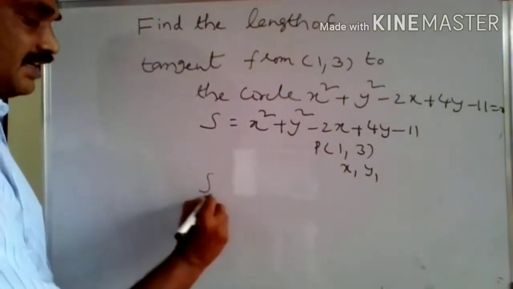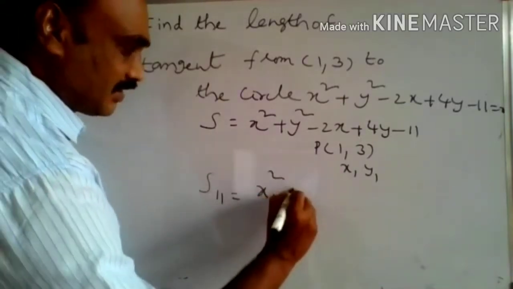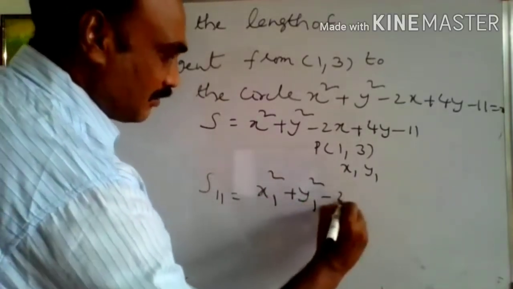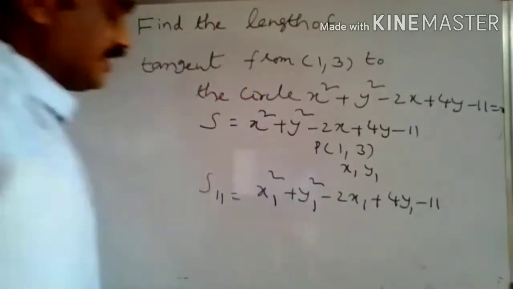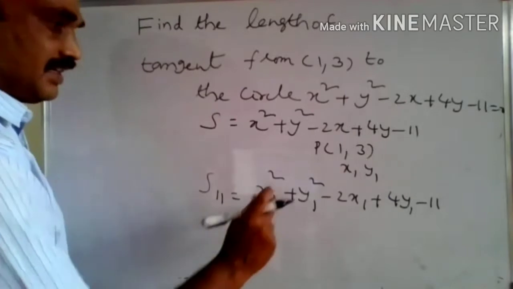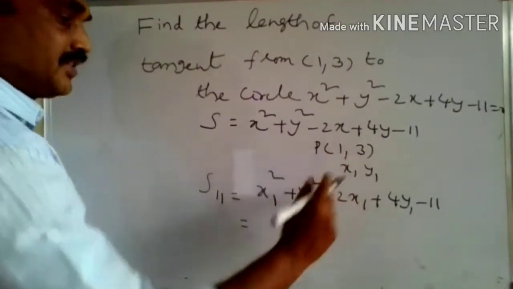First calculate S11. S11 = x1² + y1² − 2x1 + 4y1 − 11. Here x1 = 1, y1 = 3.